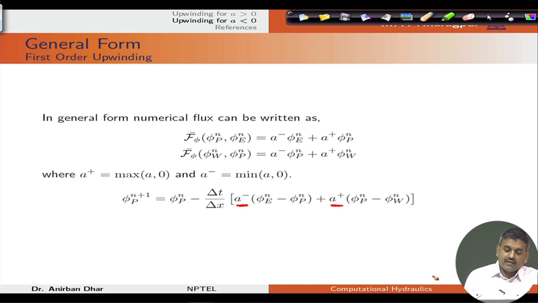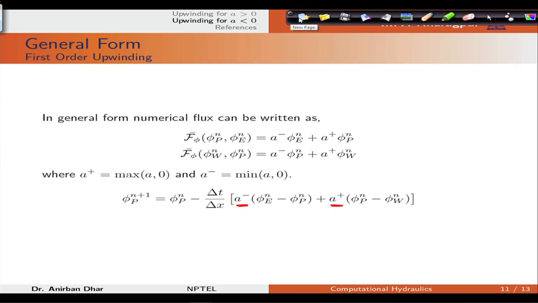But in this case we do not require any modification as such, but depending on the nature or characteristics of the problem, we are defining the interface values, and at the same time we are defining the numerical flux.